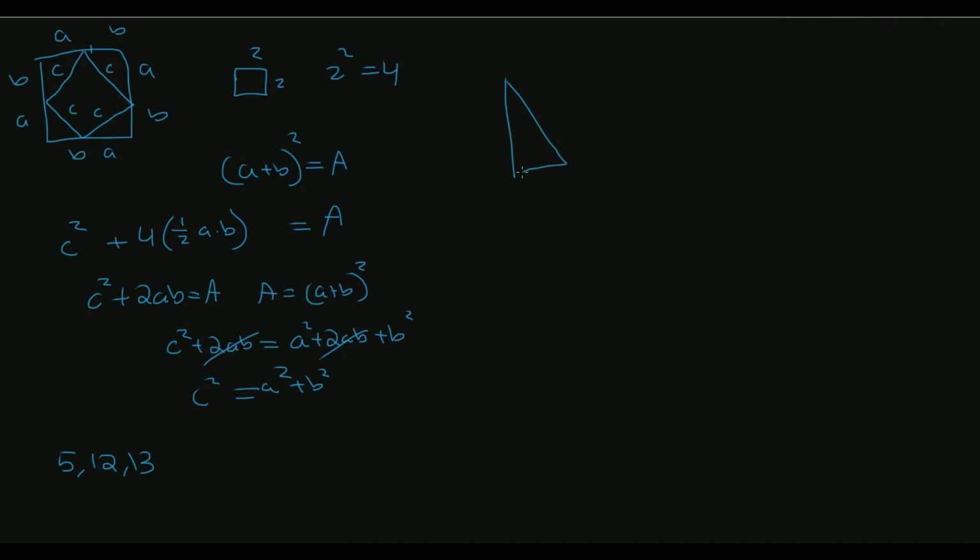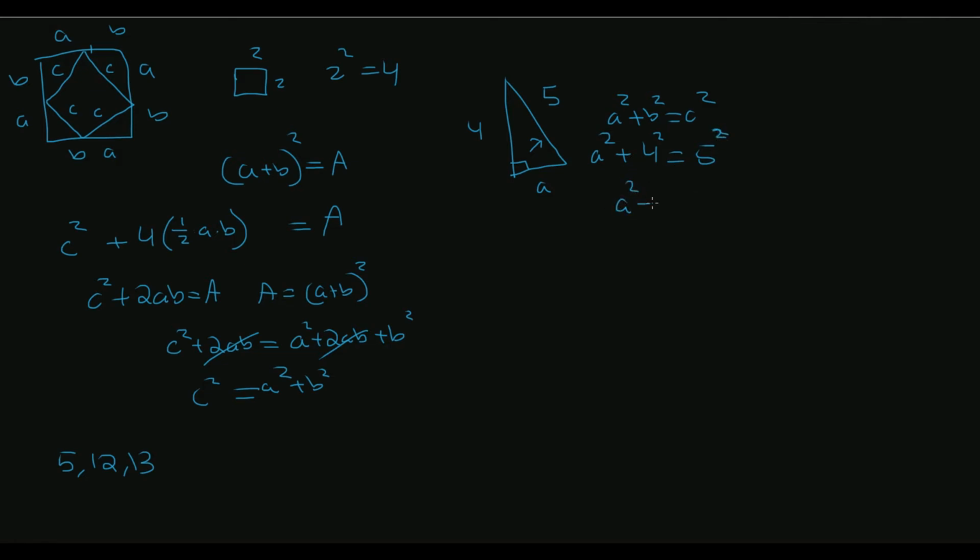Let's say I have a right triangle and I know the hypotenuse is 5, one of the lengths is 4, and I don't know the other length. So I'm going to use the Pythagorean theorem to solve that. A squared, I don't know what a is, plus b squared, 4 would be my b, is equal to c squared, 5 would be my c. That's my hypotenuse, the side that is opposite of the right angle.